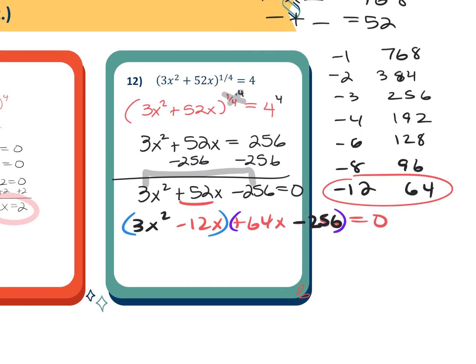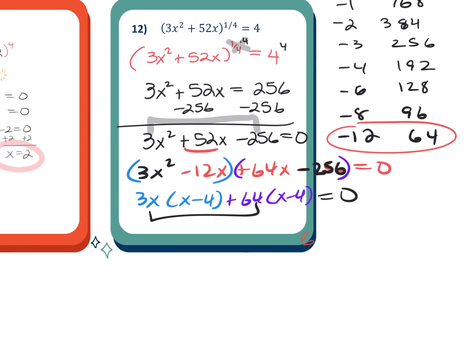GCF of blue is going to be 3x. GCF of purple is going to be 64. Take the two GCFs, put them together. And then the factor that's in common.